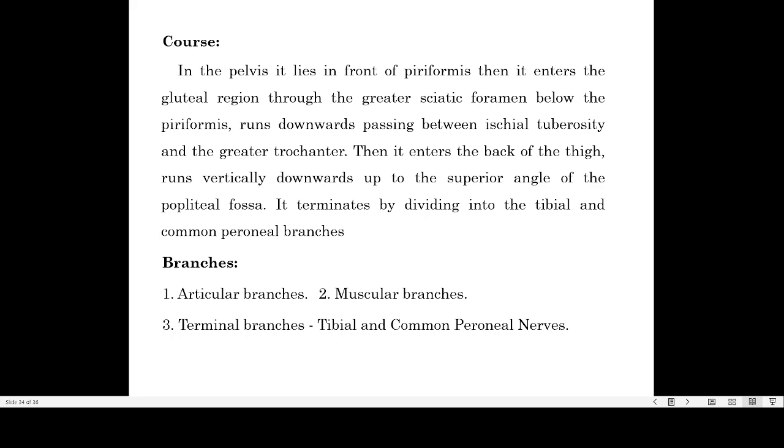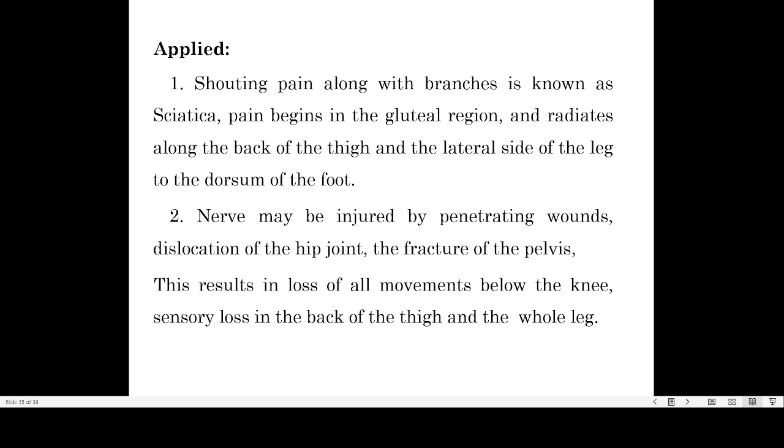The articular branches go to the joints, mainly the knee joint of the popliteal region, then the muscular branches go to the muscles of that region, and the terminal branches are the tibial and common peroneal nerves.